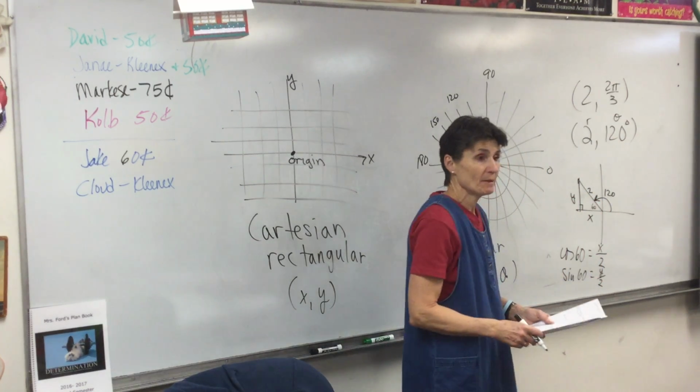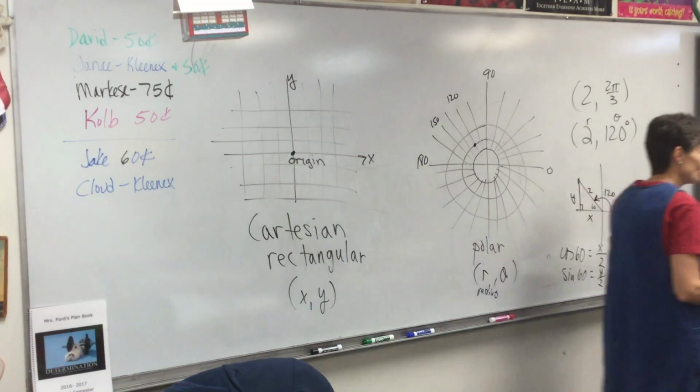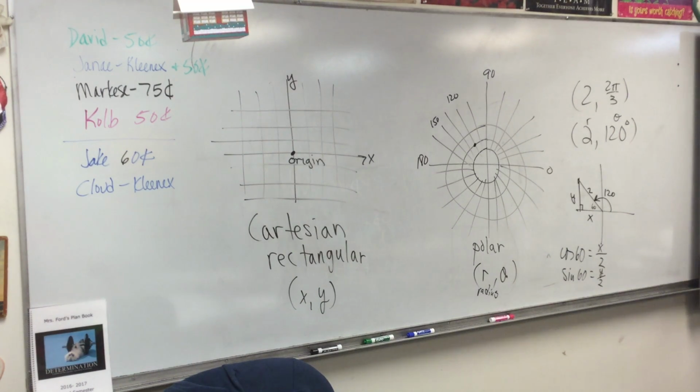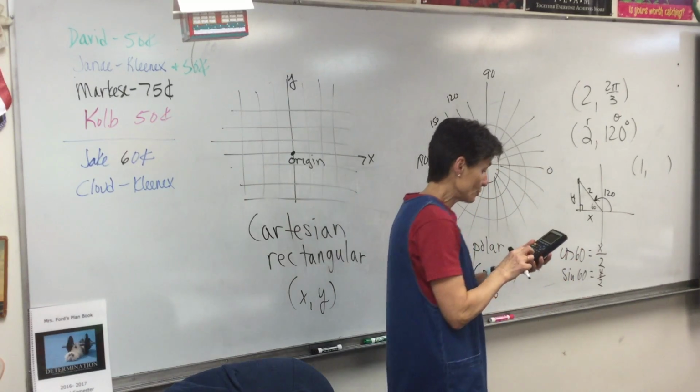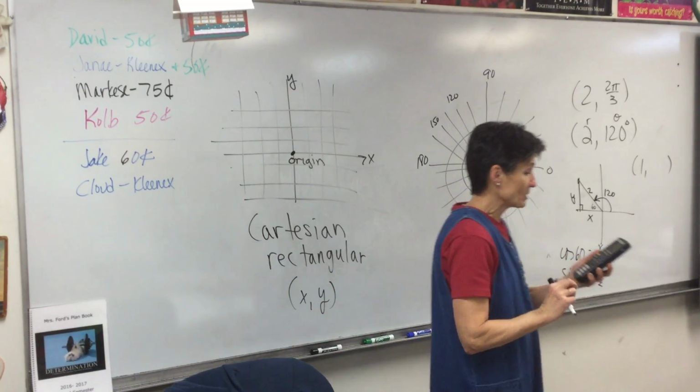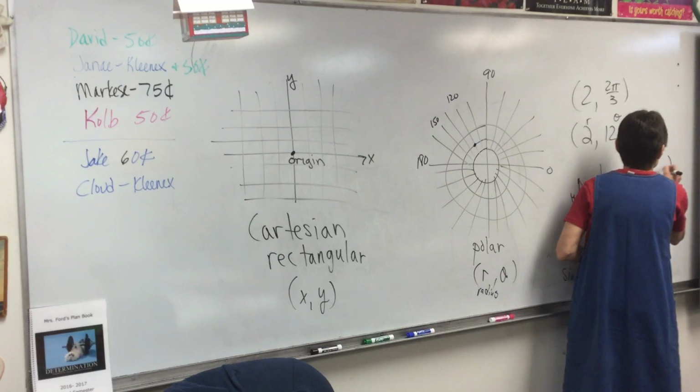So what did you type into your calculator? 2 cosine 60, which is 1. And 2 sine 60, which is 1.73.